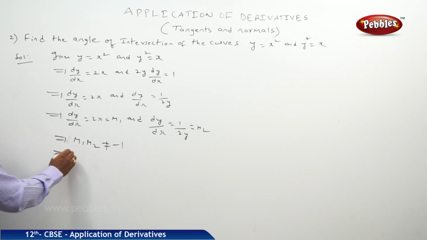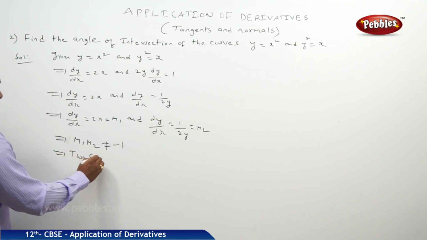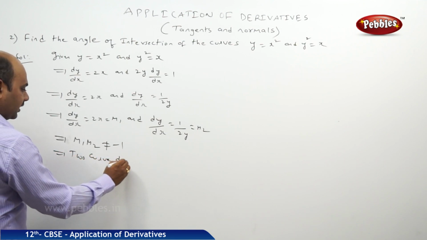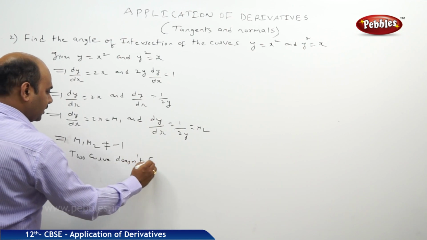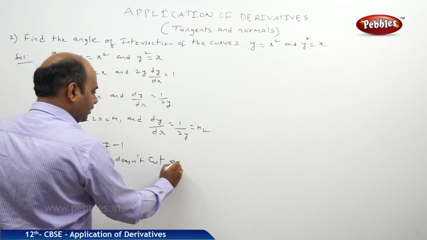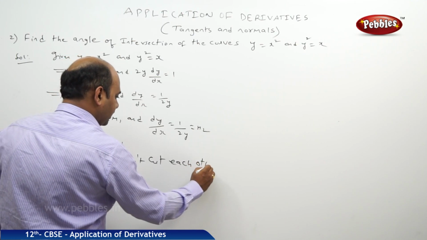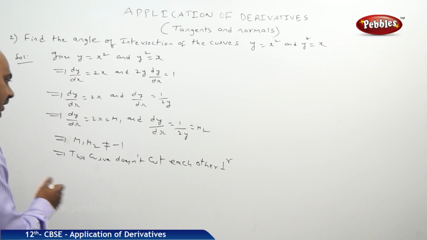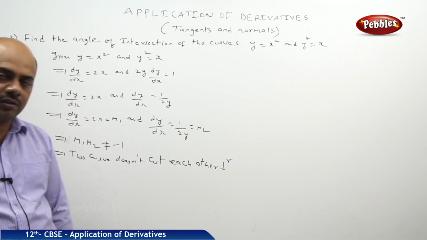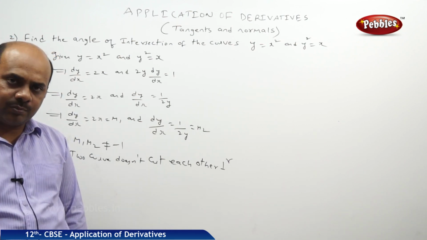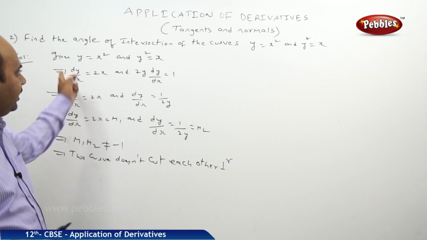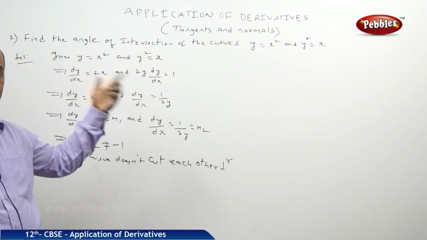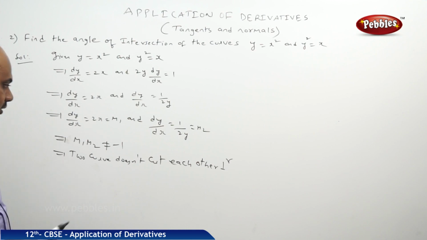That means the two curves don't cut each other perpendicularly or orthogonally. As the two curves don't cut each other orthogonally at a random point, I want to find the point of intersection of the two curves.